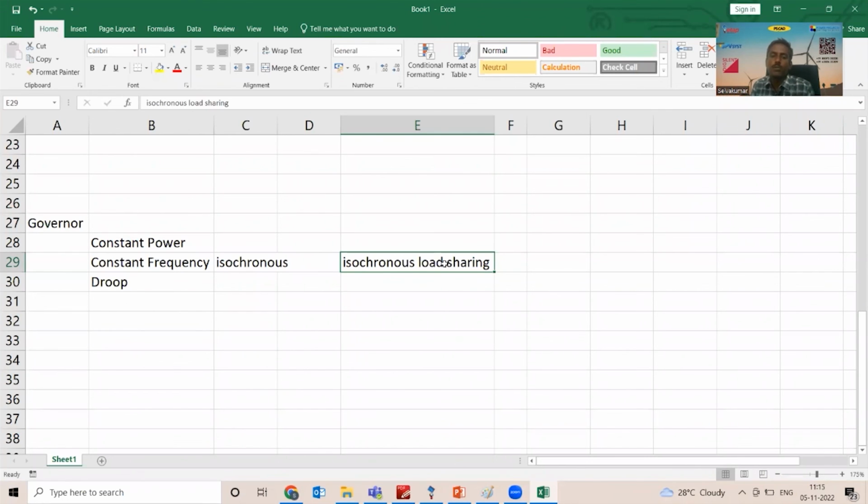That might be the real reason why this is not recommended, and you have to go with isochronous load sharing. Whenever there is a change, an increase or a decrease in demand, it has to be distributed across all the generators proportionate to their capacity. That's basically isochronous load sharing.